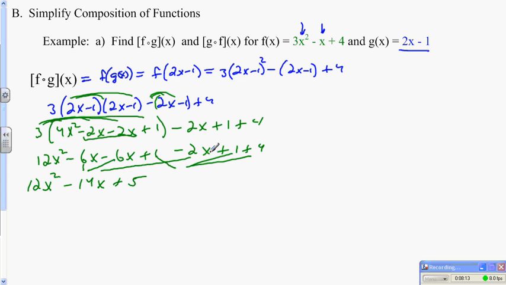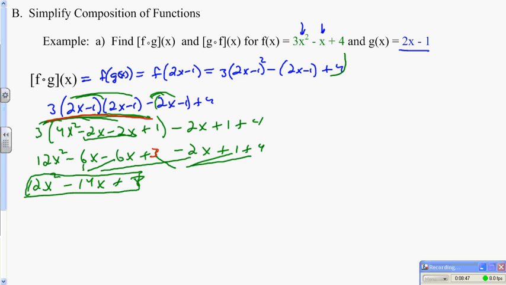Oops, I forgot something. When I distributed the 3, I get a positive 3. So now I have 3, 1, and 4. So to clean that up, I actually have a positive 8. So 12x squared minus 14x plus 8.